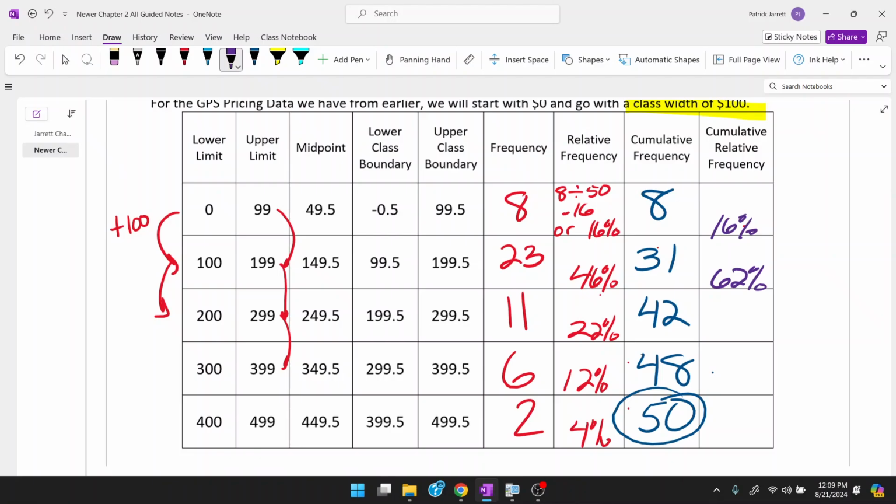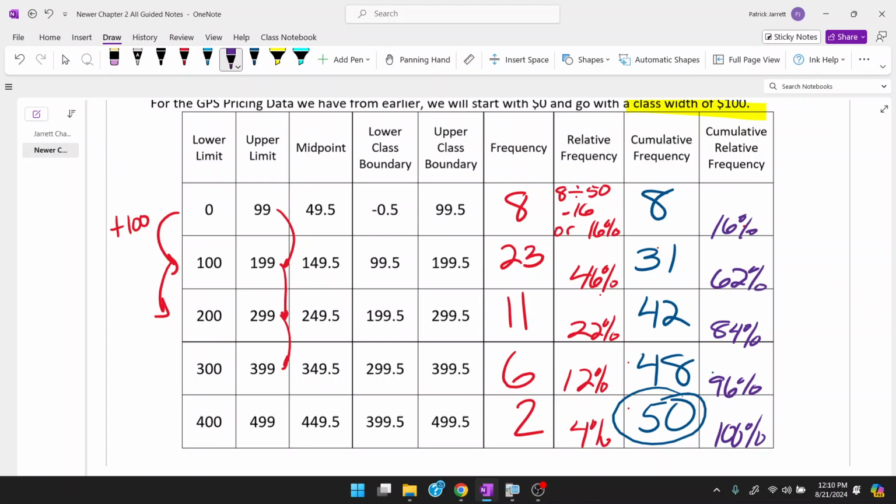Ding, ding, ding. 42 out of 50 is, or what is 62 plus 22? Boom! 96% and then 100%. If we were making our own ogives, which we are not, we would use cumulative relative frequencies, but we are not.